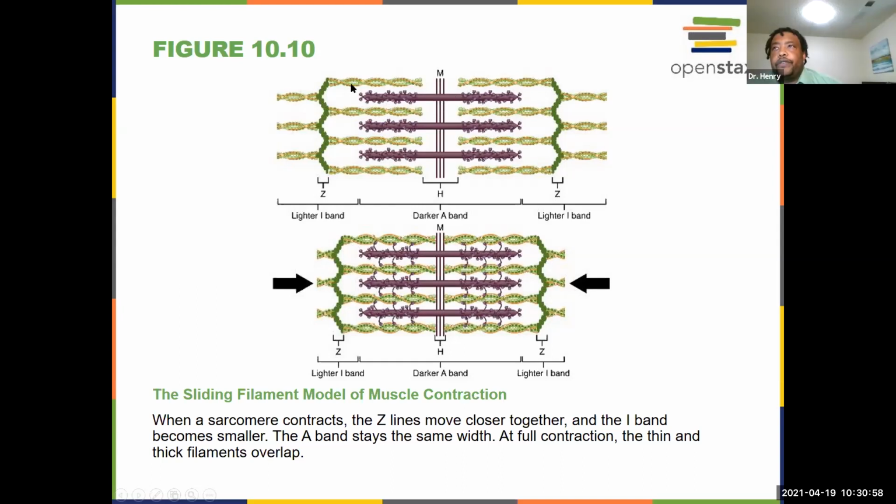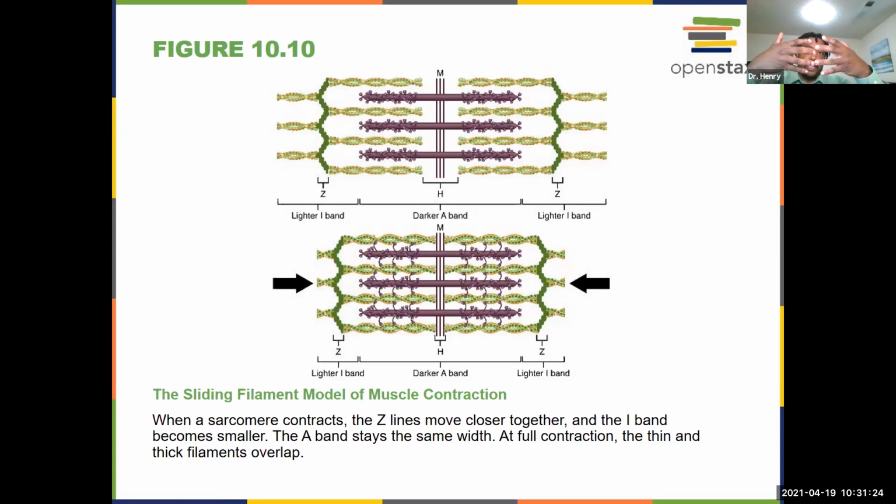Okay, so here's your myosin. These are your actin filaments. So during muscle contraction, your myosin is going to be binding to your actin filaments, and it's going to be moving along those cables, right? It's been moving down, so it's going to cause it to contract, right?